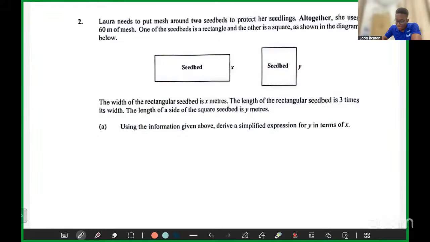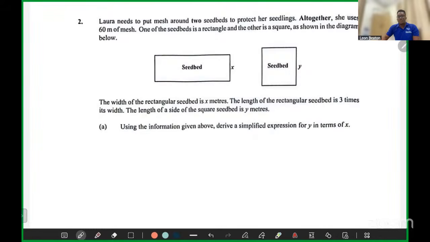The width of the rectangular seed bed is x meters, and the length of the rectangular seed bed is three times its width. The length of a side of the square seed bed is y meters.